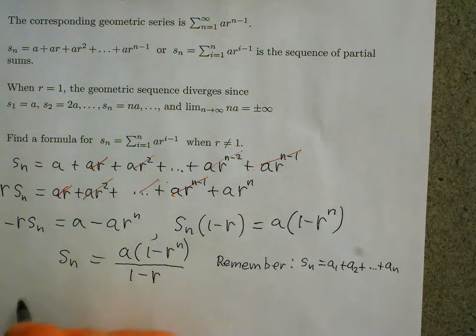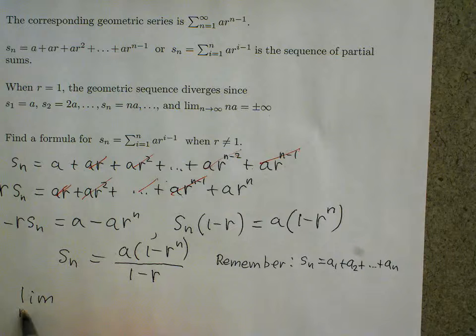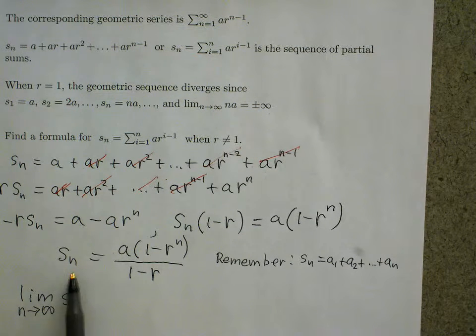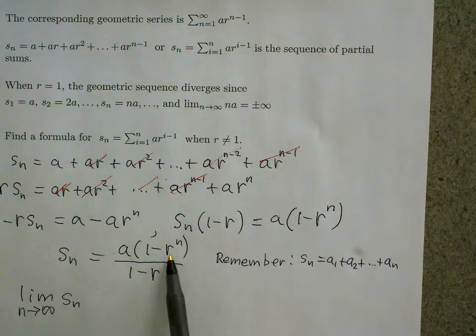So we'll note that the limit as n approaches infinity of the sequence of partial sums will exist as a finite number if r to the n goes to 0.